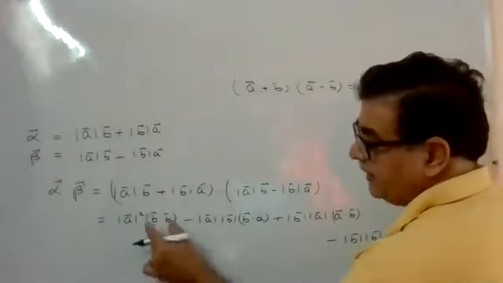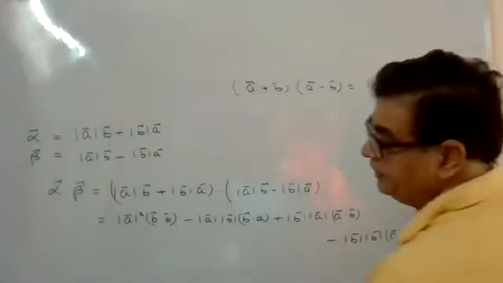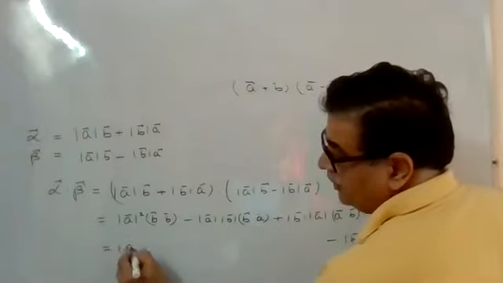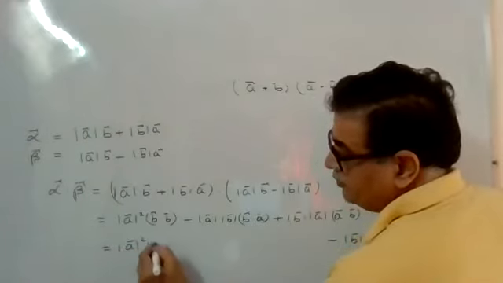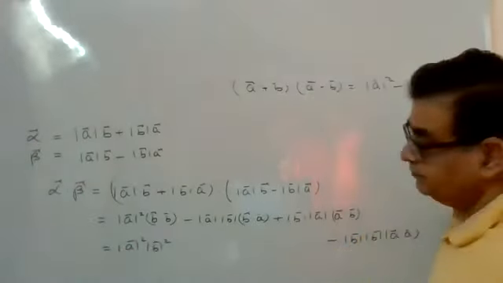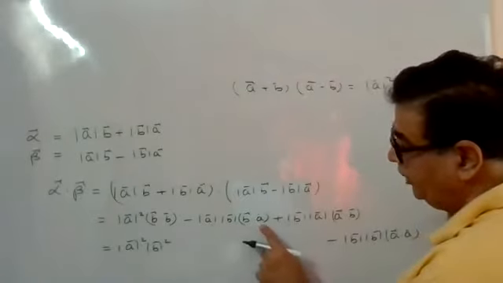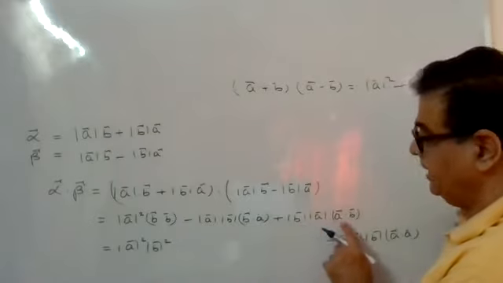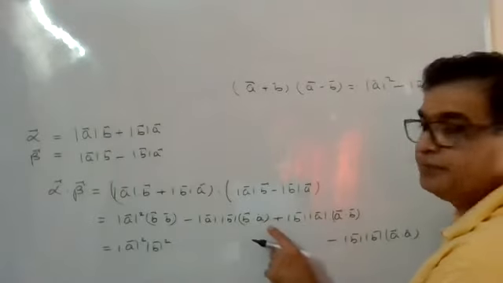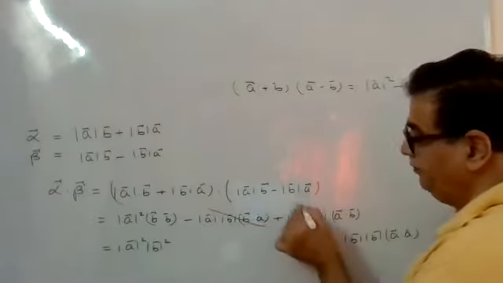B dot B is magnitude B square, we have already done this. We will have magnitude A square, magnitude B square. This will come out to be magnitude A magnitude B, B dot A, and this is B, A dot B. A dot B is same as B dot A. So this whole term gets cancelled.